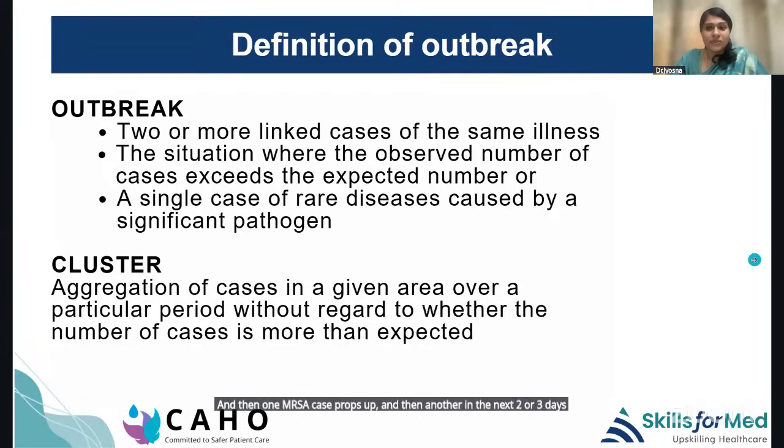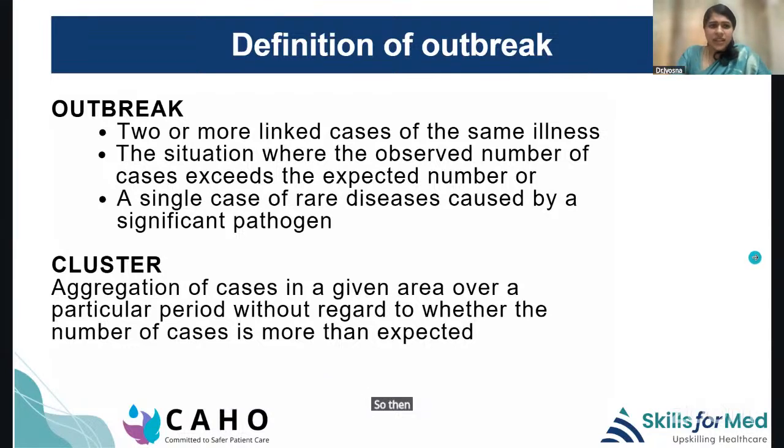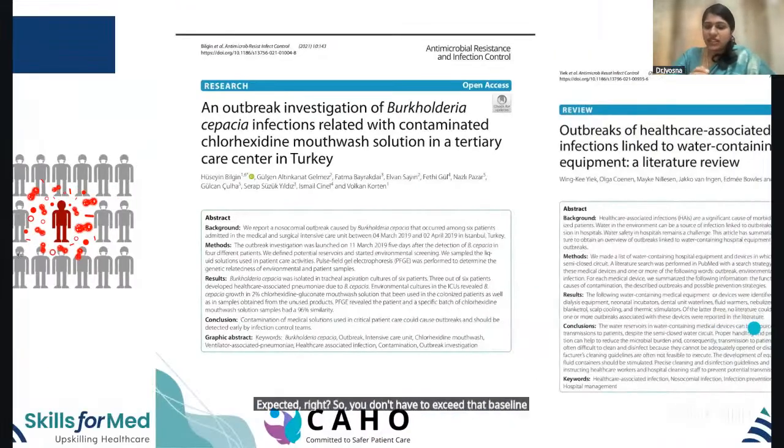That also becomes an outbreak situation. So then what's clustering? Clustering is aggregation of cases in a given area over a particular period without regard to whether the number of cases is more than expected. So you don't have to exceed that baseline in case of a cluster.